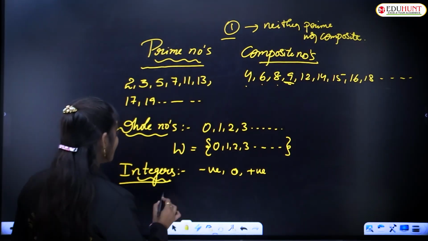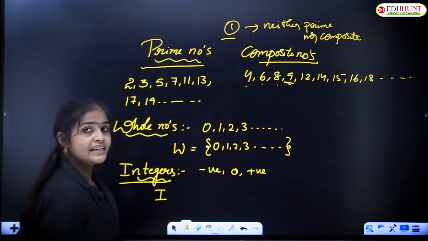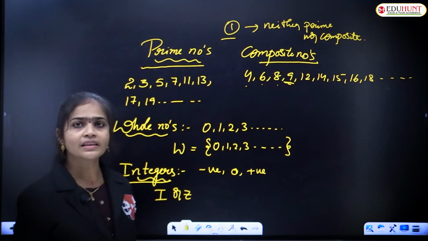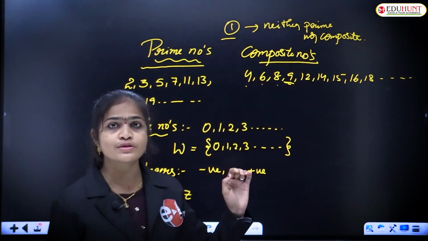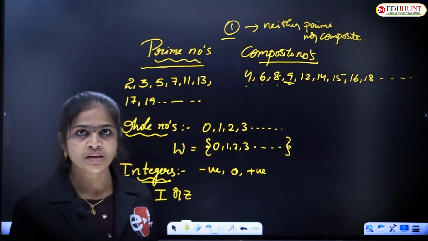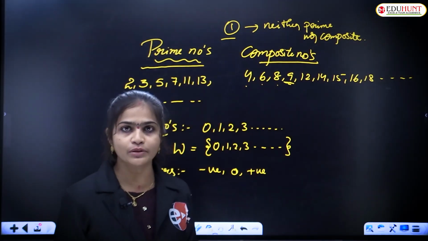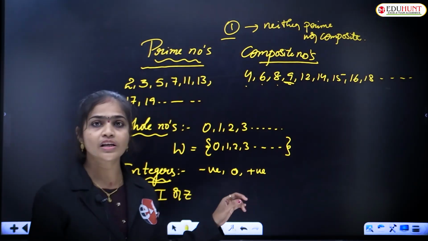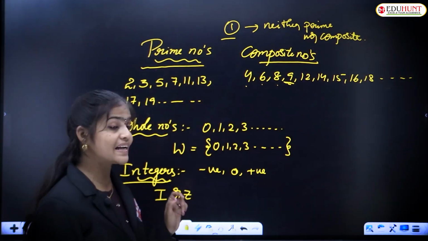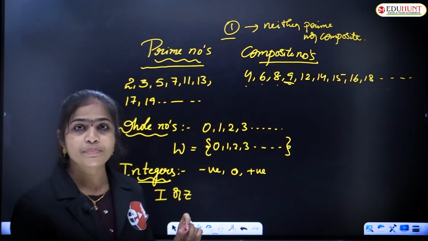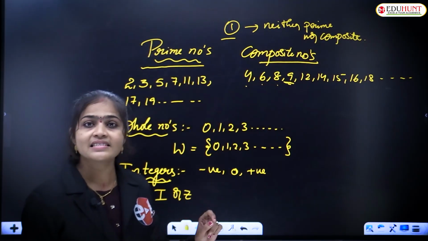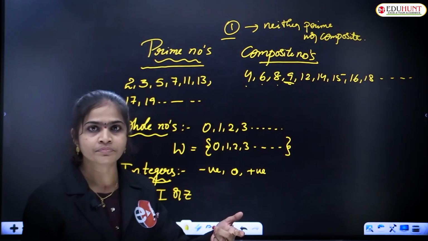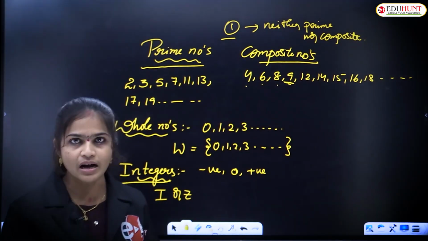So what is the letter which we use to denote integers? I or Z. Why? Here natural numbers, the starting letter is N, so that set is denoted by N. Whole number set is denoted by W. So why can we not say that integers is denoted by I only? Here we are using Z also. Why? Because Z means zahlen numbers. Integers came from the word zahlen, which means to count, the numbers which we are using to count.